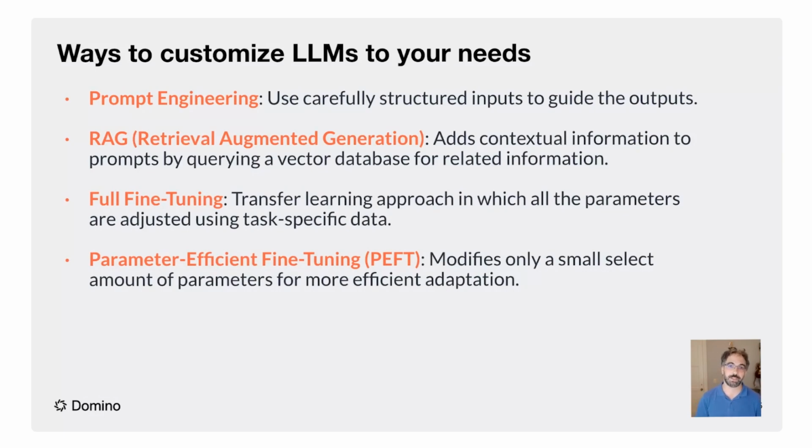RAG is another category that's been pretty popular and many of you may have exposure to. What RAG does is index contextual information, so this can be company data or other data sets, and builds a vector database, which is a format that can be really efficiently queried and provide information that is relevant to go inside of your prompt.